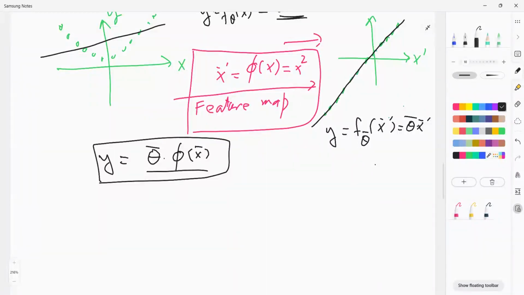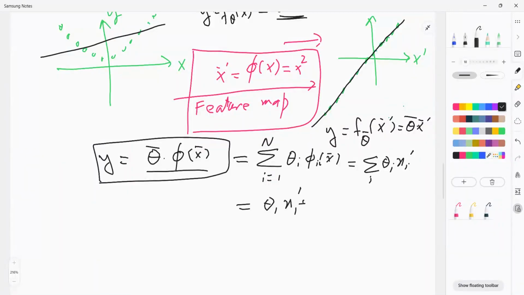So similarly, and just by the way, I can also write this as sum over i from 1 to n of theta_i phi_i of x, just like sum over i of theta_i x prime. So my model is still linear, though it's linear in another space, not in the actual feature space. So it's a transformed space.